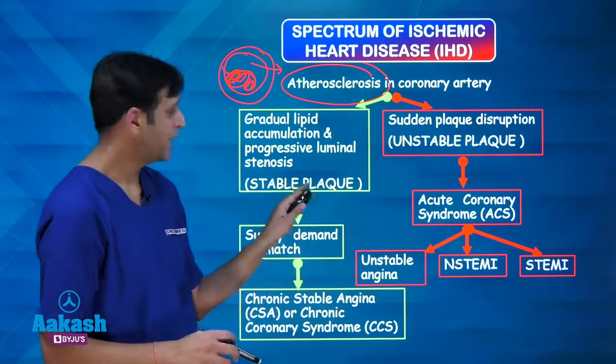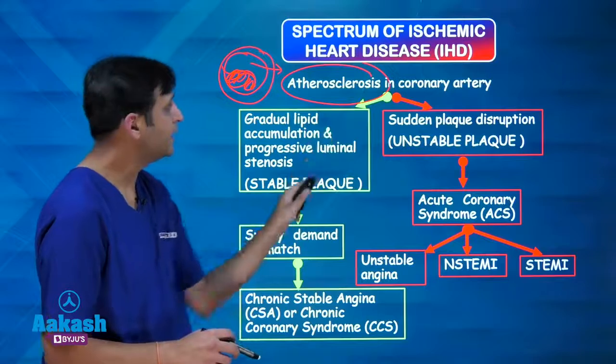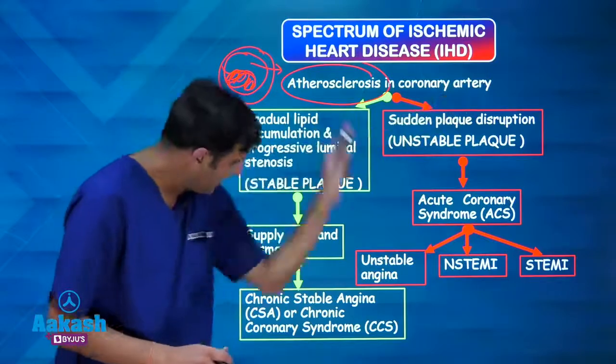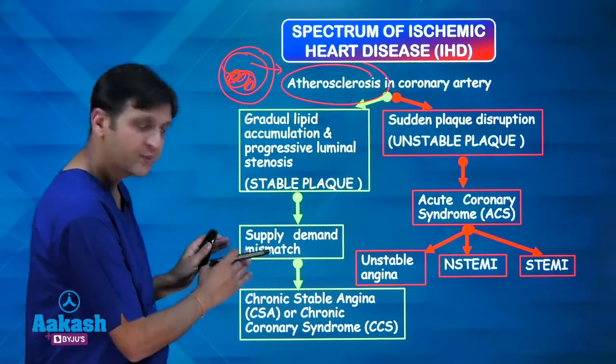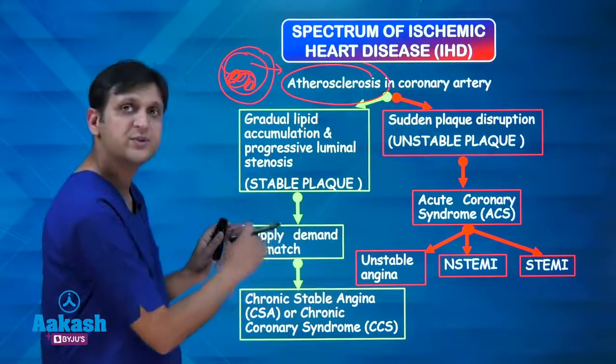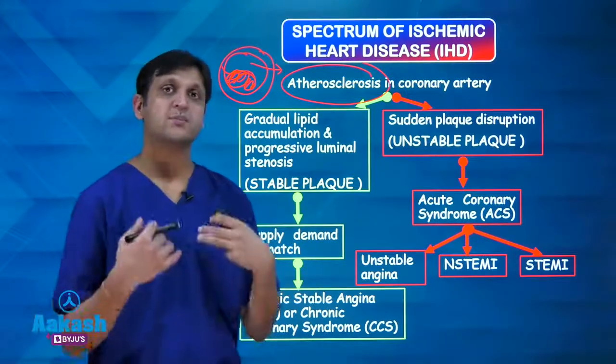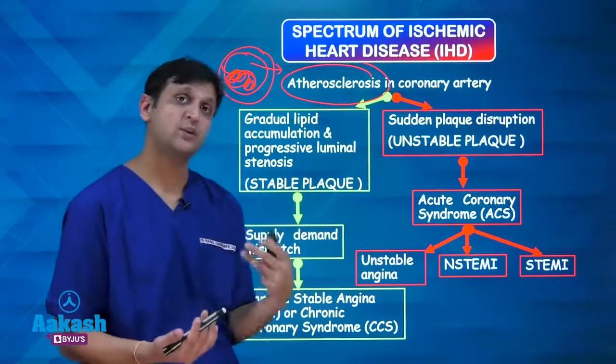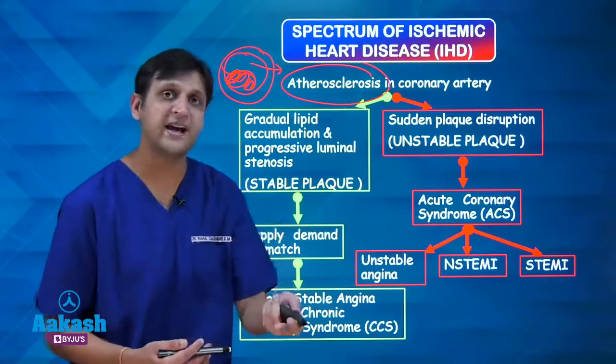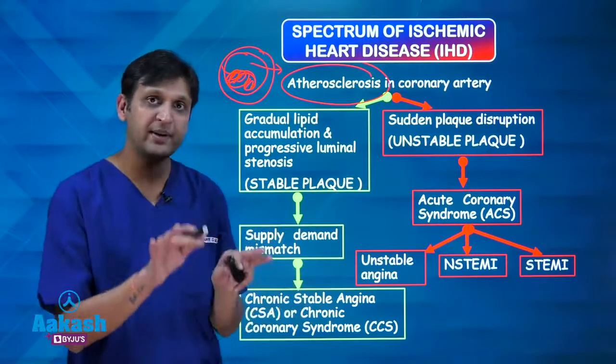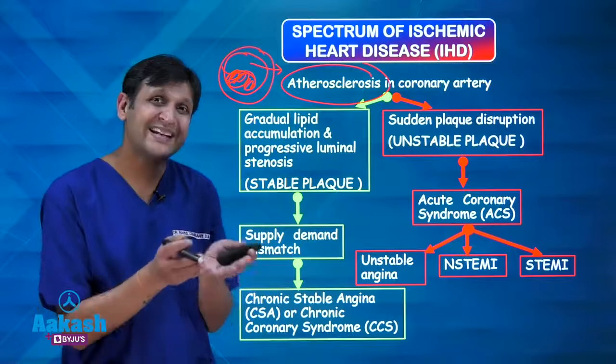Now, a patient who has a stable plaque in a coronary artery manifests symptoms whenever there is supply-demand mismatch, which means whenever his heart wants more blood, and the coronary arteries are not able to meet that demand, there will be a relative ischemia.